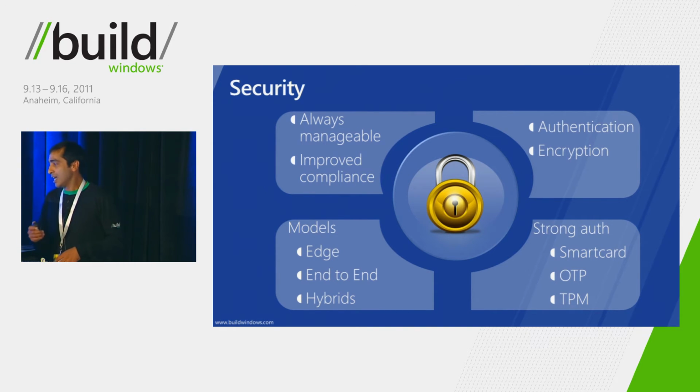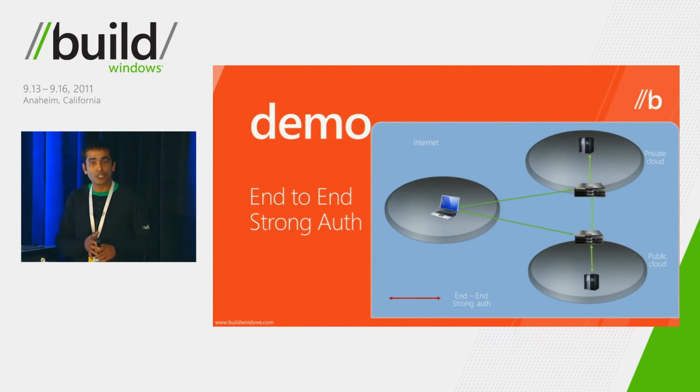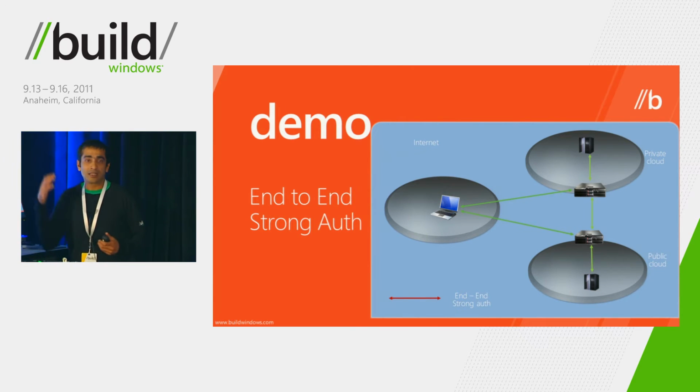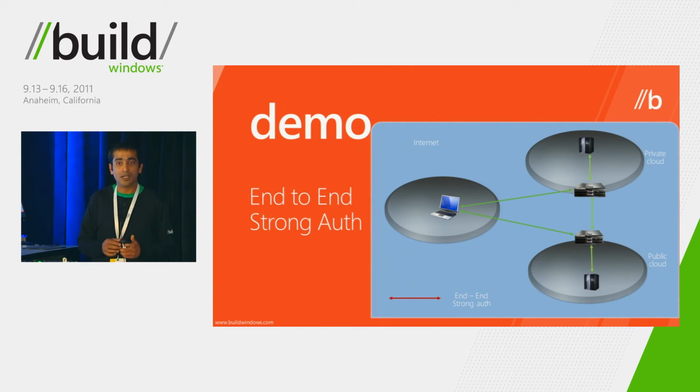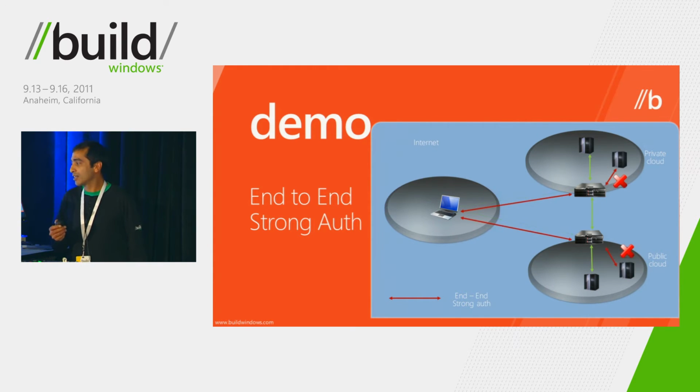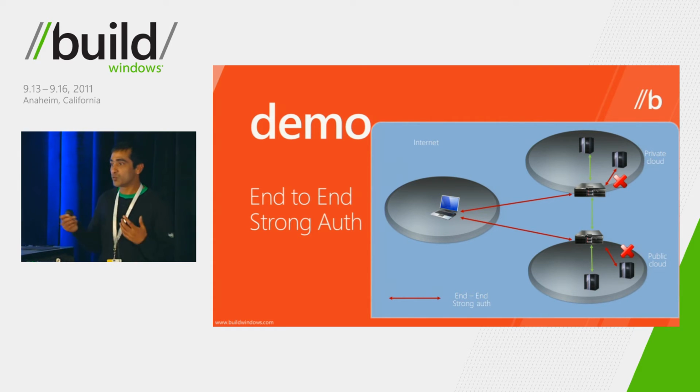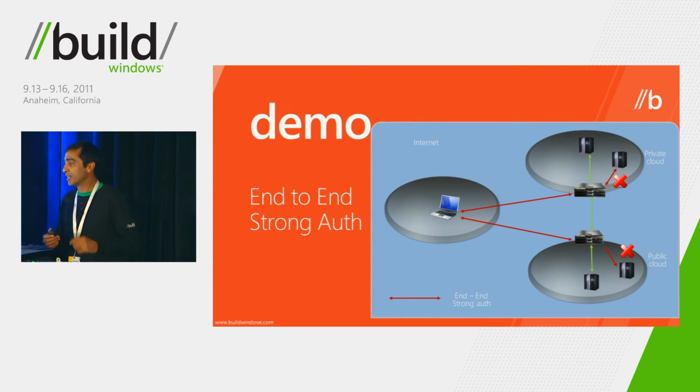And with that, I'm going to go to my first demonstration here. What I'm going to be showing you is a remote client, which will try to connect to application web servers within the private cloud and the public cloud.